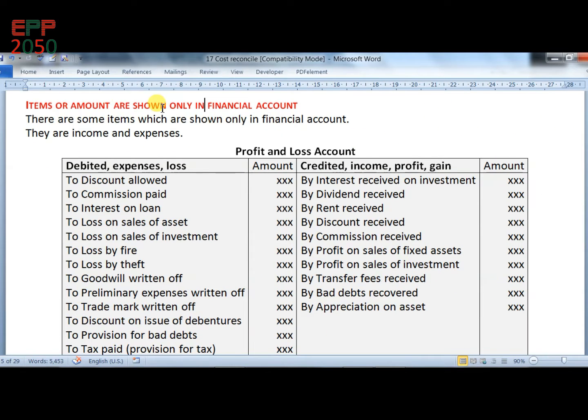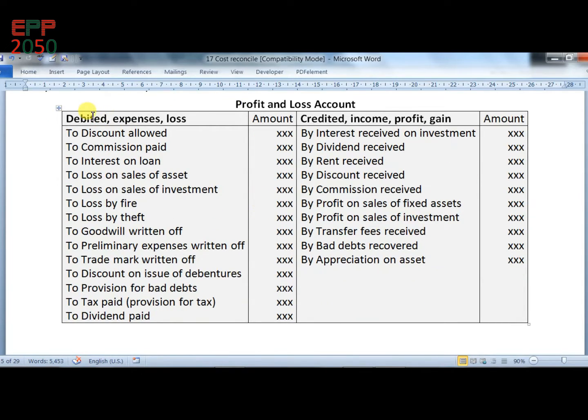Items or amounts shown only in financial account. Dear students, there are some transactions which are only recorded in financial account. It means these transactions are not recorded in cost accounting. So they are given below. Debited, expenses or loss.